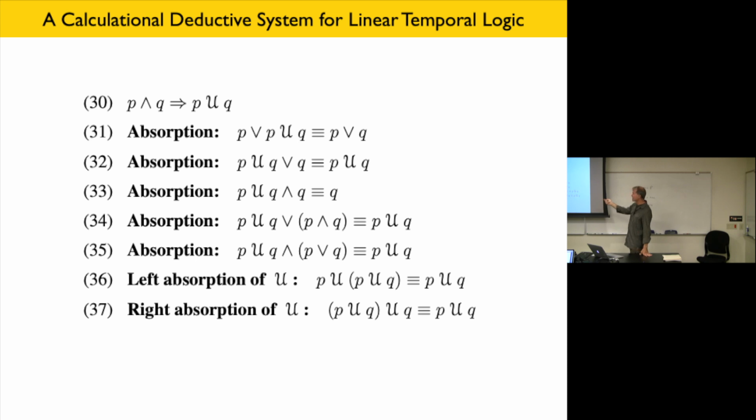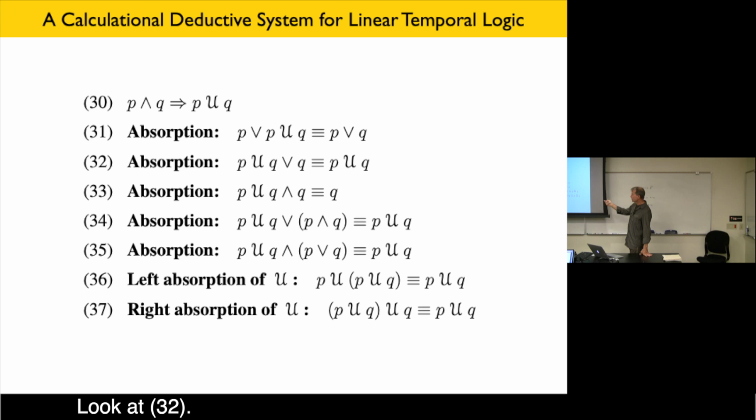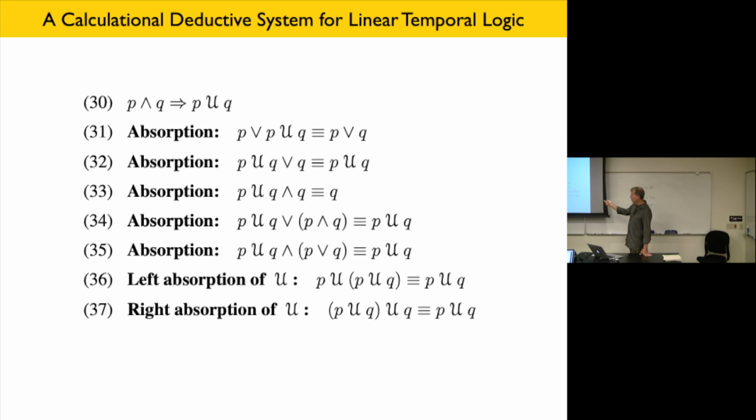Oh, by the way, you guys, let's pause for a moment here. Look at 23. We need to talk about precedence a little bit. In 23, it says P until Q or Q, and there's no parens. My question for you is, where is the parentheses on this?